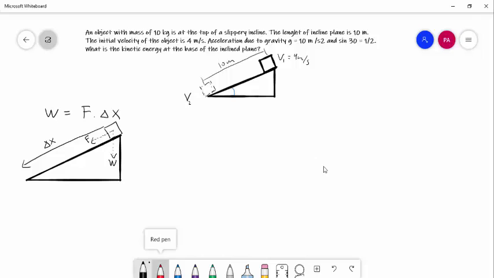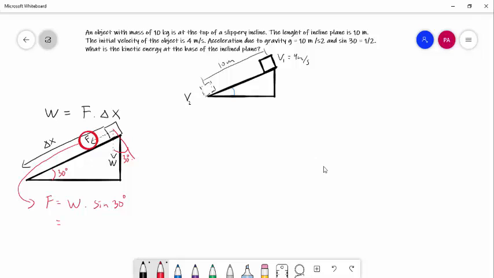Actually, this angle is the same as this angle. So that means this force is weight times sin 30 degrees.